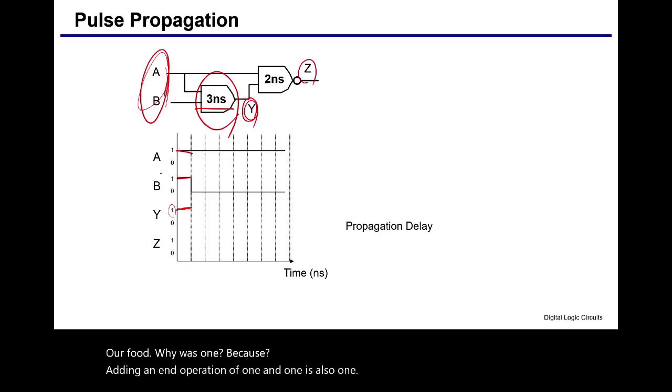But let's say one of the inputs has changed to 0 at time 1. Then the output of this AND gate, Y, should change to 0 as well because one of the inputs to the AND gate has changed to 0.